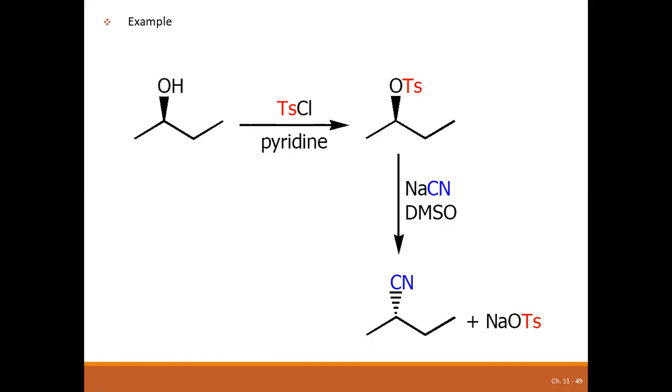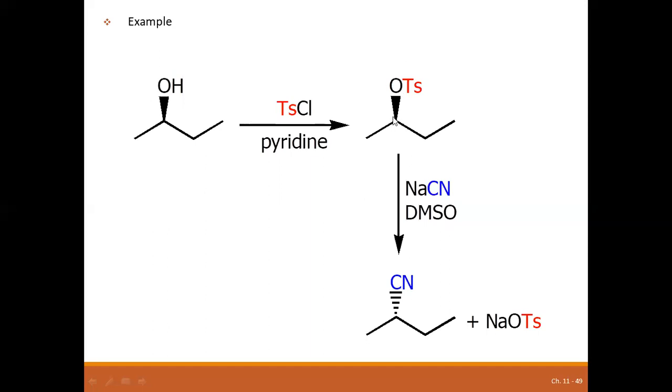If you remember, in the SN2 mechanism, it's always a backside attack. So this one is protruded towards you, and your nucleophile will attack from the back. Once it attacks, there will always be inversion of configuration, and your product would have an inversion of configuration as this. It will not attack from the front, it will attack from the back.